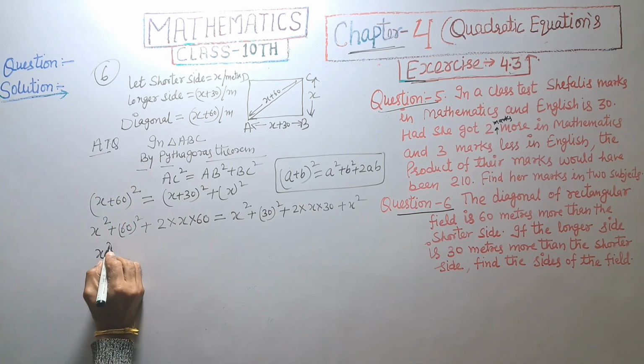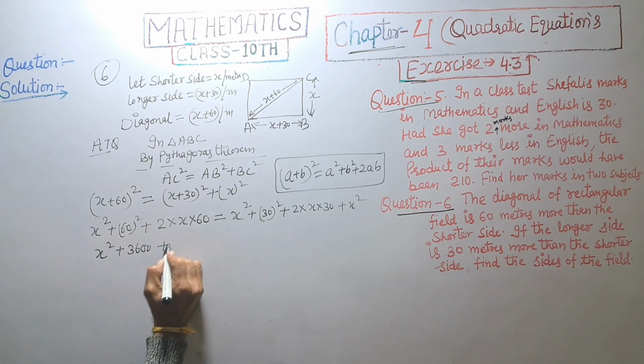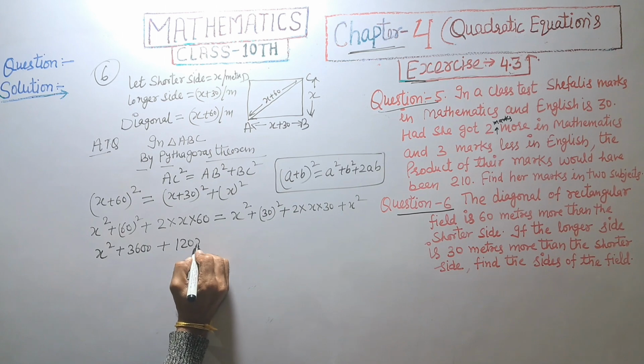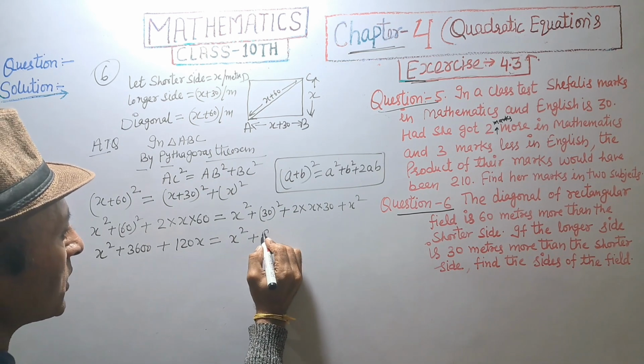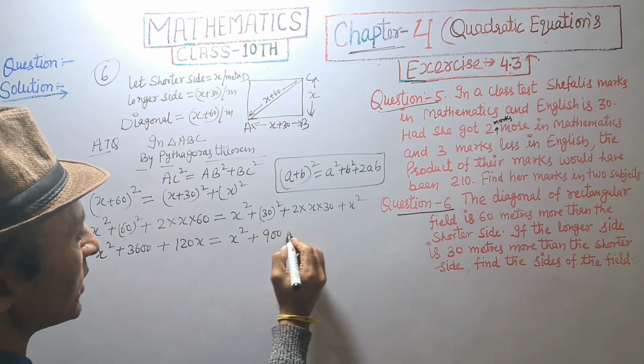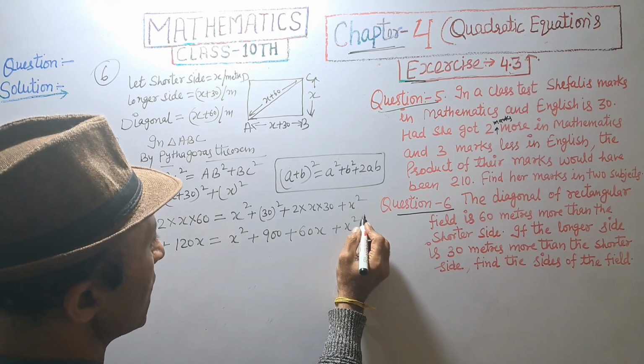That gives x square plus 3600 plus 120x is equal to x raised to power 2 plus 900 plus 60x plus x square.